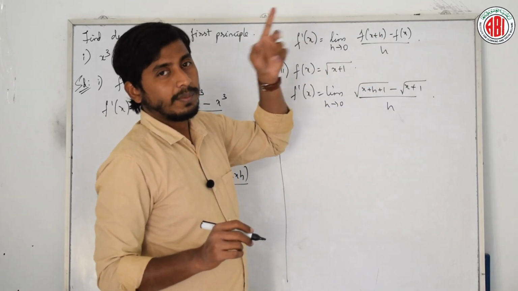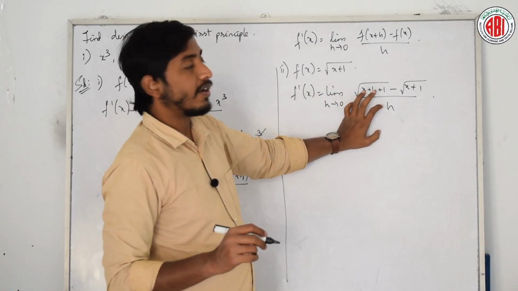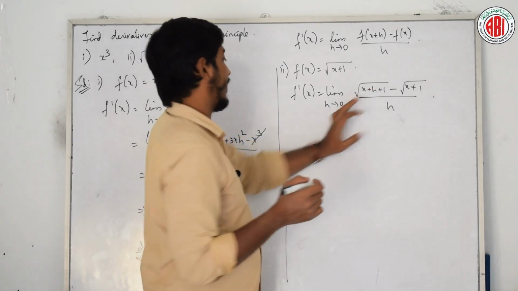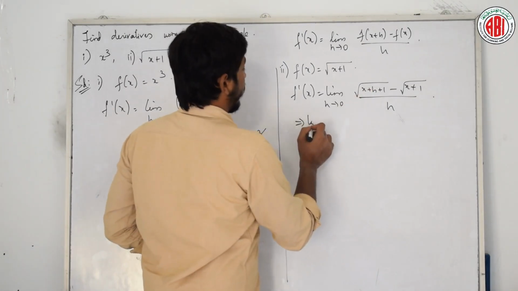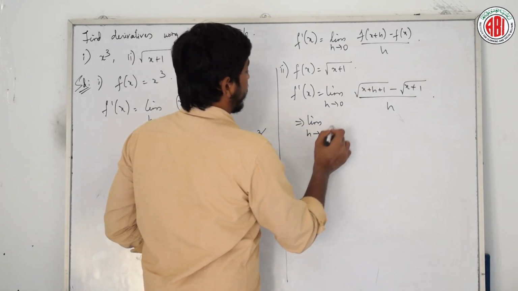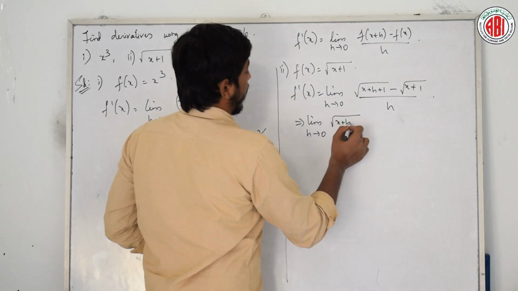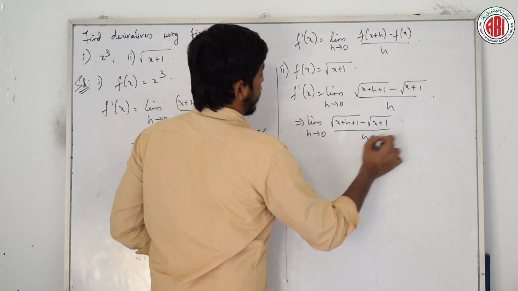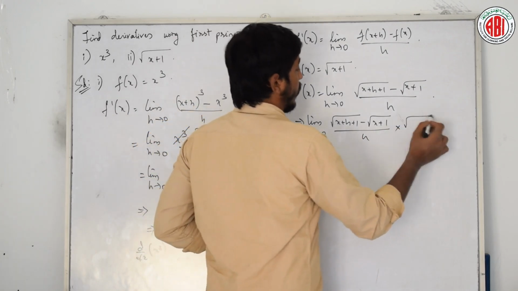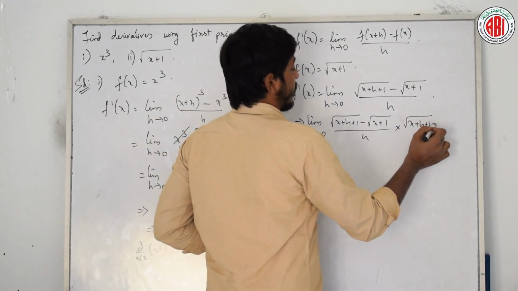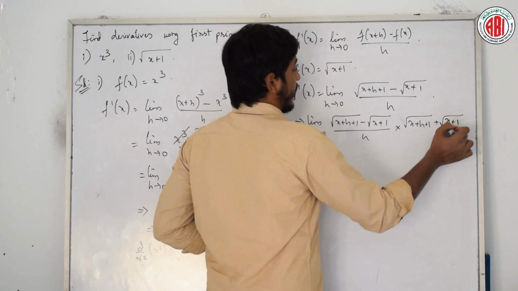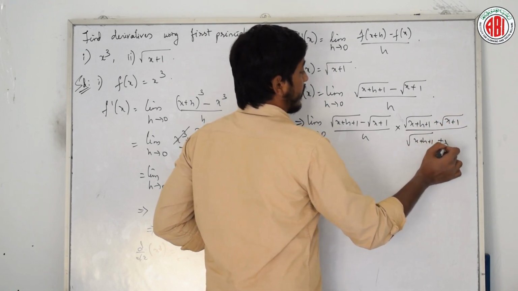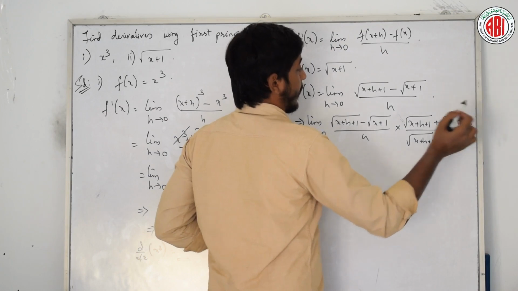Now tell me, wherever we see the square root, what we have to do? We have to rationalize it. That is, what will it become? Limit h tends to 0, root of x plus h plus 1 minus root of x plus 1 by h, into root x plus h plus 1 plus root x plus 1 divided by under root x plus h plus 1 plus under root x plus 1.